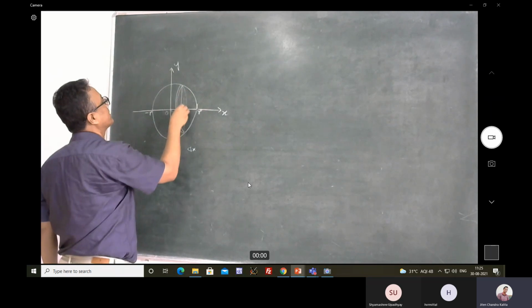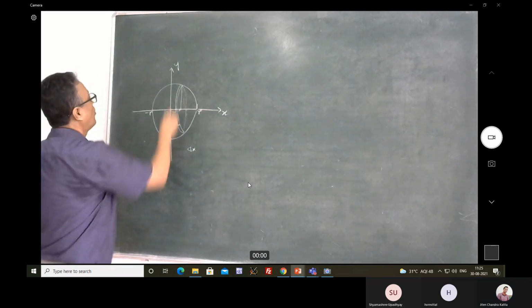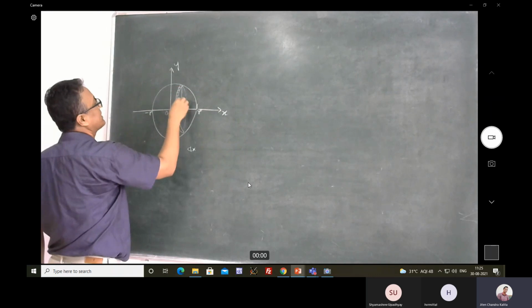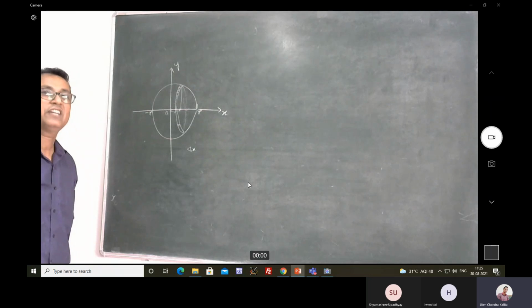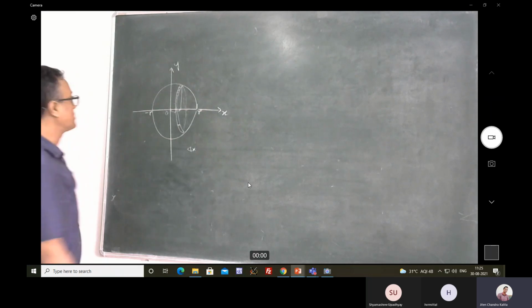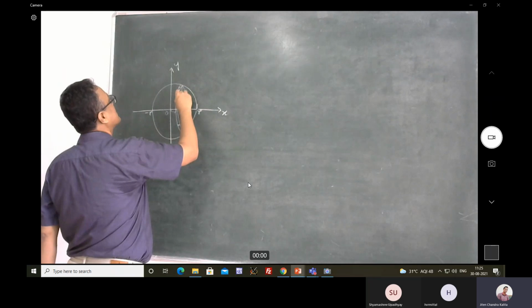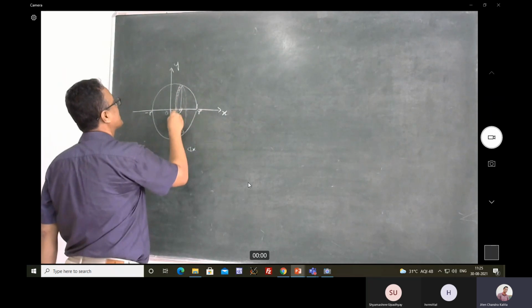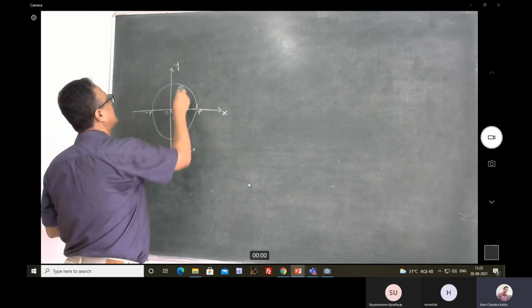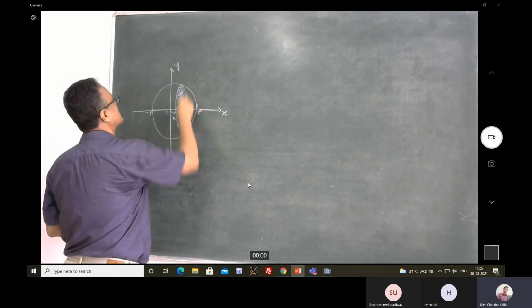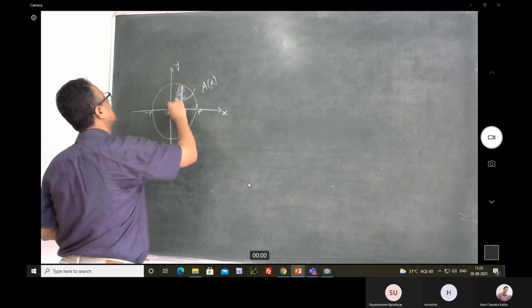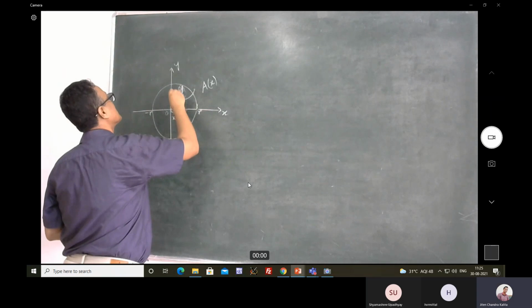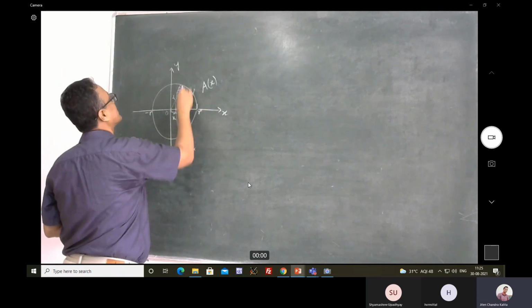I am simply going to find out the volume of this individual slice of bread, and then add these up. Now, if this is x, and this is the area of this slice, A of x, and this is r, suppose this length is y.